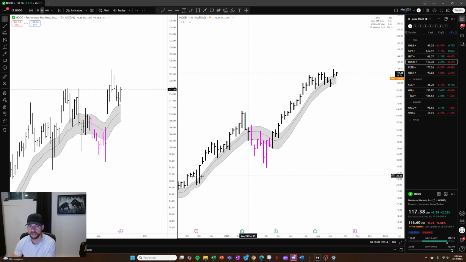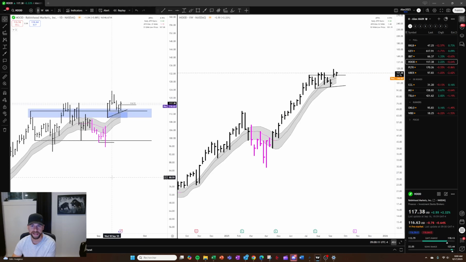Bitcoin, we discussed that. Hood, very good action. So again, yesterday the setup was that base breakout and retest setup with a higher low structure. And we did confirm the daily reversal yesterday above 116.53. So for me, kind of the continuation pattern is confirmed.